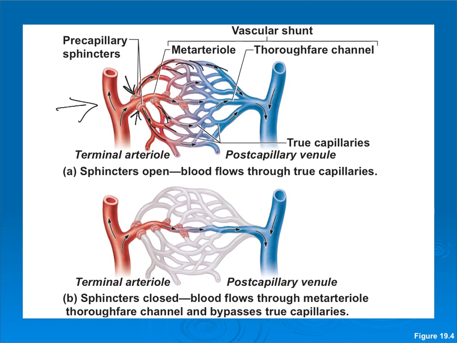If you do not need a lot of blood at that tissue, then you're going to cause the pre-capillary sphincters to contract, which would stop blood flow through these other exchange vessels and force blood to go through what we call the vascular shunt, which is where it goes straight from the arterial side into the venous side.